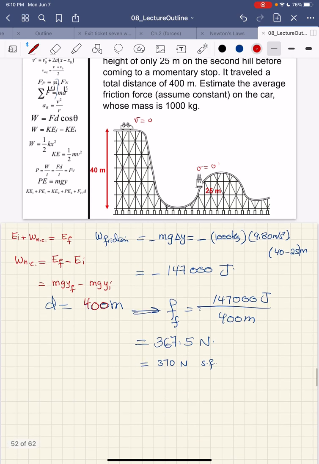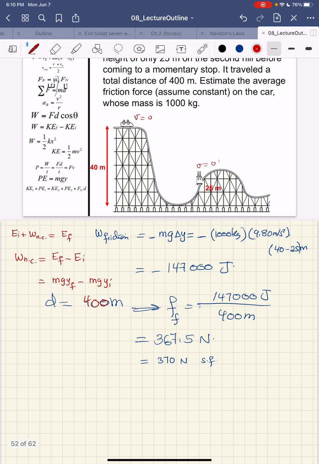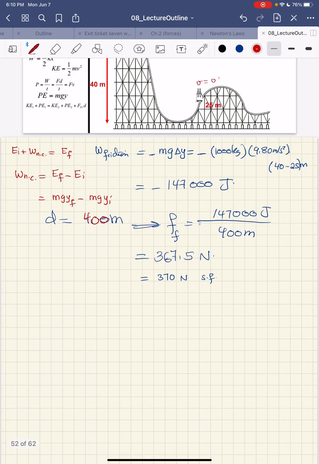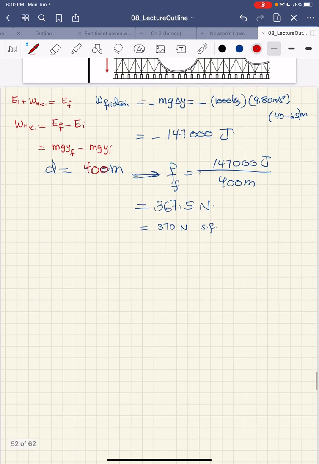I have calculated the work done as negative 147,000 joules, and from that I can calculate the force of friction by just dividing by the distance. For the sake of significant figures, I will round it to two sig figs.